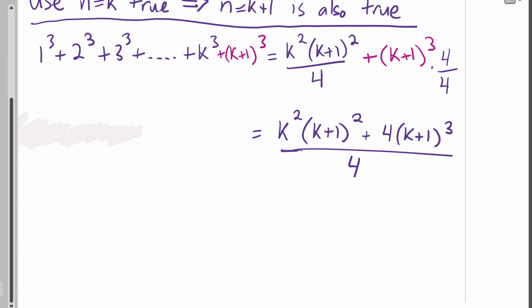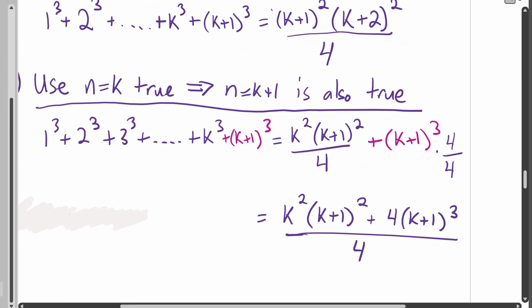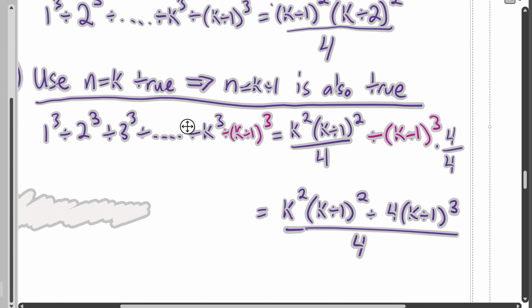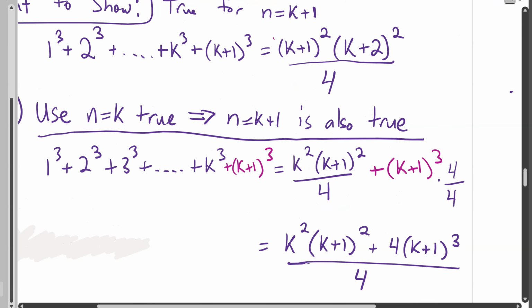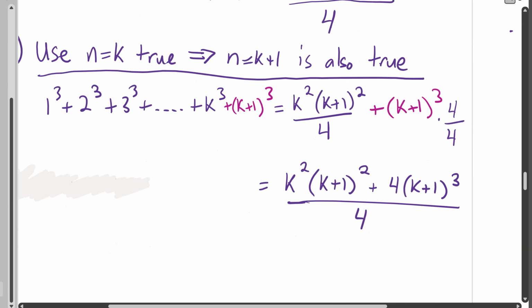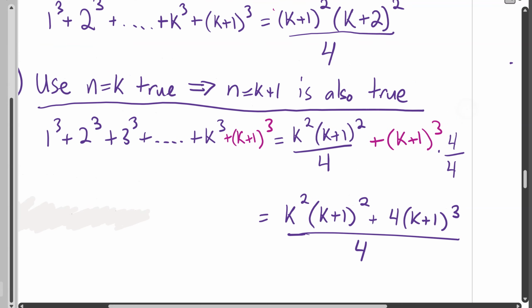Because they're all over the same denominator, I could write it as one fraction now. Now, there's a good way to do this and there's a bad way to do this. The worst thing you could do is start distributing, right? Keep in mind your goal. Your goal is to get it to look like k plus 1 squared times k plus 2 squared divided by 4. I've already got the divided by 4, but it should be eventually factored nicely.